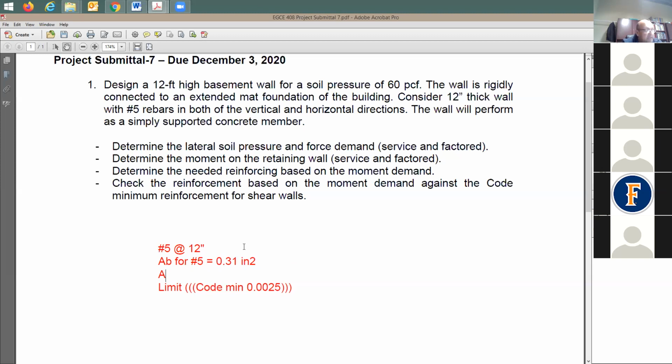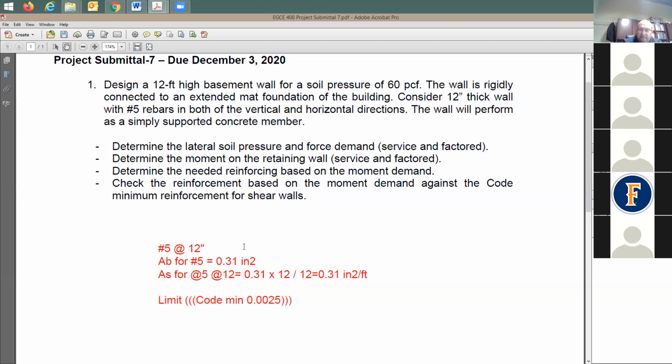So what is As for this number 5 at 12 inch? It equals the amount of reinforcement that you put there, 0.31, multiplied by the wall thickness, which just happened to be also 12 inch, divided by the spacing. It means I'm going to have 0.31 square inch per foot.